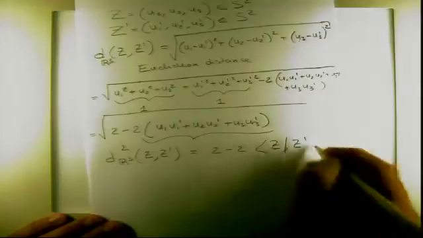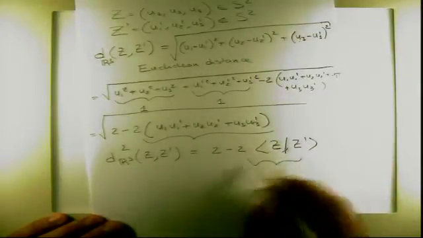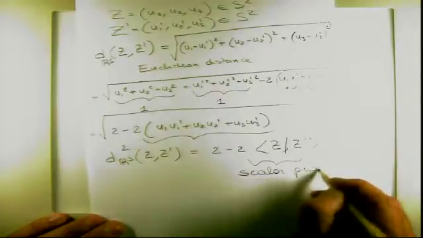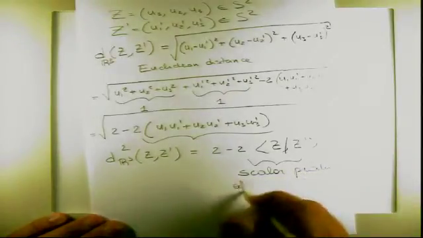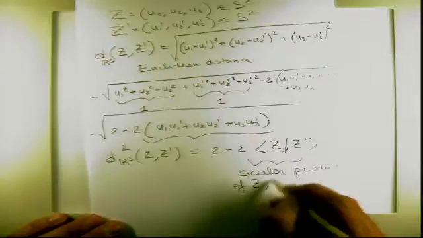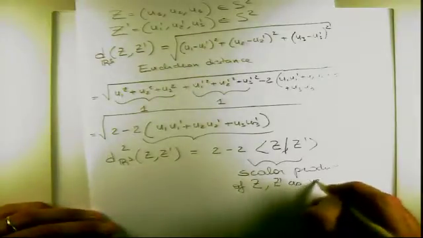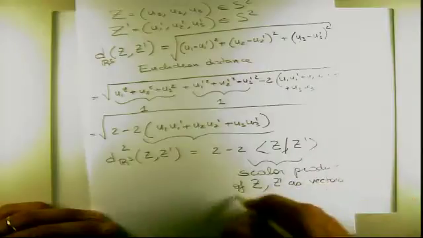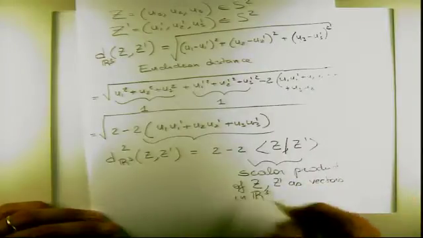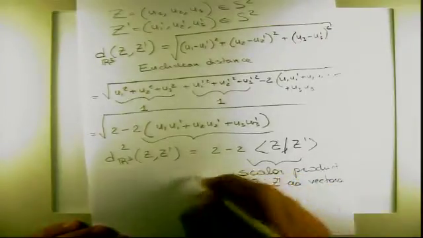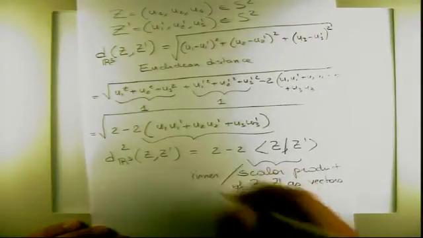I use this notation, the scalar product of z and z prime as vectors in R3. Okay? Inner product. Yes, scalar product. Sure.